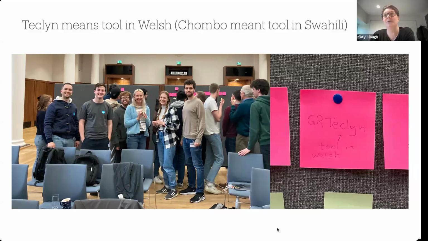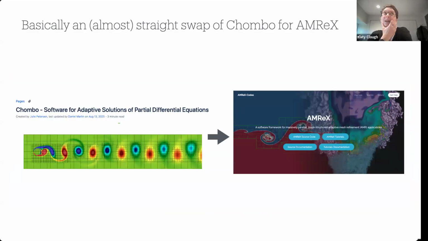GRTeclyn won, mainly because we couldn't think of any other really good ideas, or they turned out to sound rude or were offensive in some other language that someone knew. So GRTeclyn was just the one that wasn't the worst. But I think it's an okay name and it's easy to Google, which is very important.